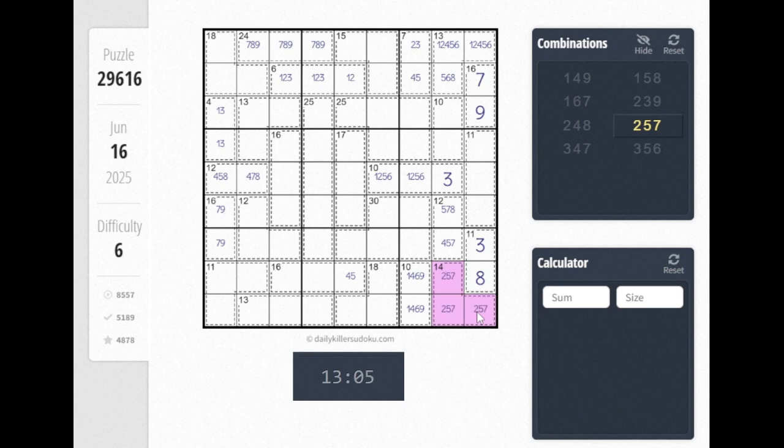Oh, that's nice. Alright, so the way this worked out was these 3s and 8s all get eliminated. And then 149 would make this 10 impossible. 167 make this 10 impossible, so it's got to be 257. Which means that that is an 8, which puts this as a 1-9.